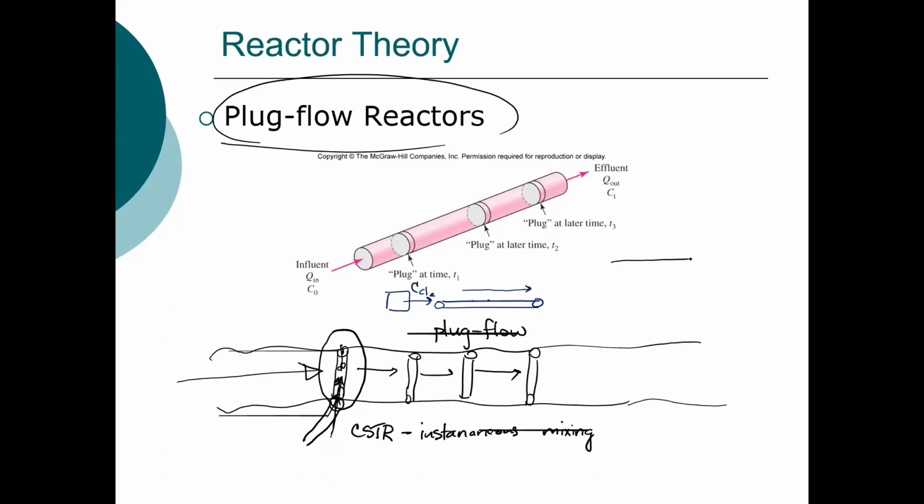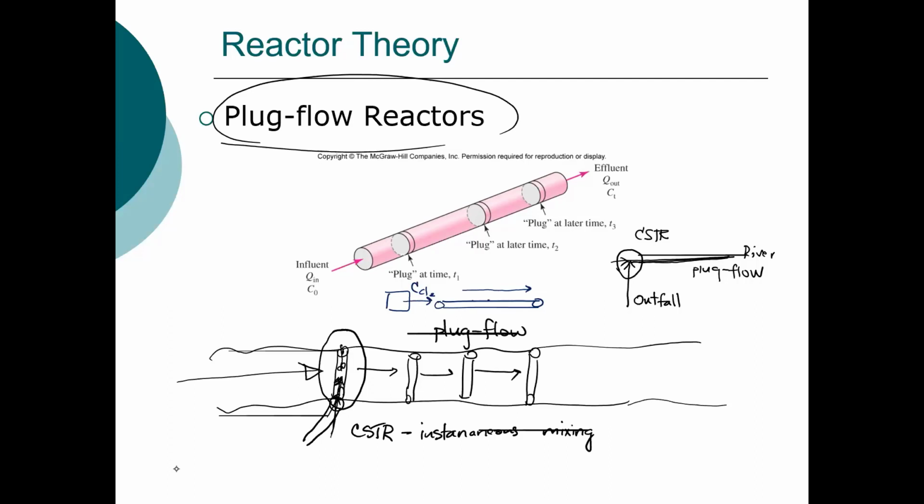So for instance, this is my river, and then I have an outfall here. We'll model this mixing right here as a CSTR, but then everything beyond that, as that flows down, we'll model as plug flow. Questions? Because as I said, this is a really important concept. Not getting this at this point will lead to multiple confusion throughout the semester.